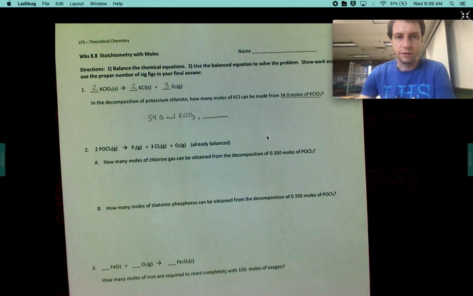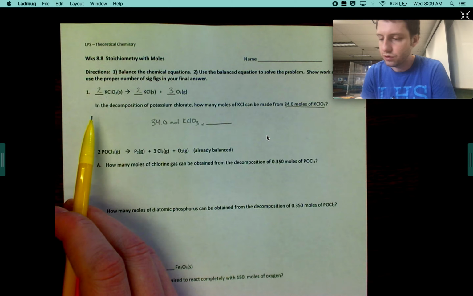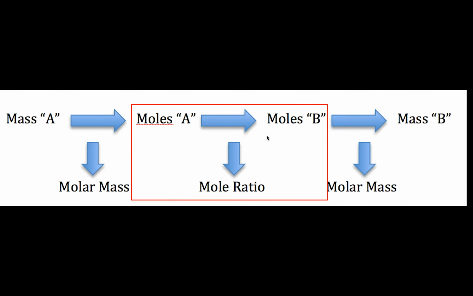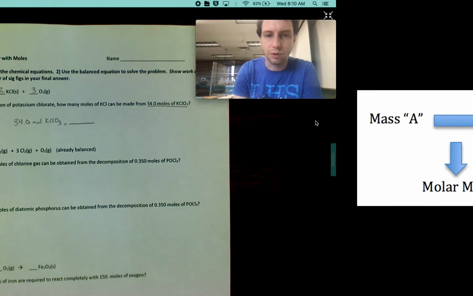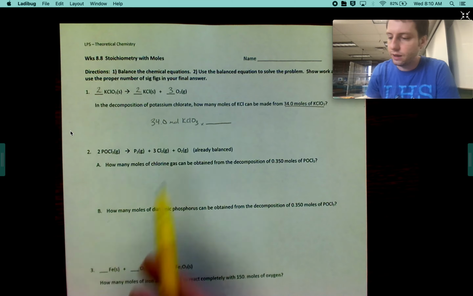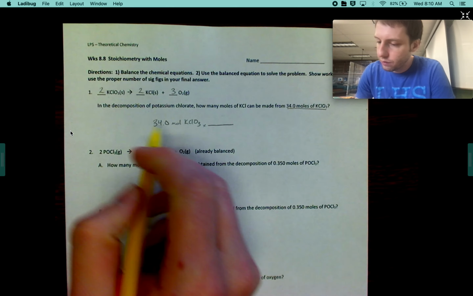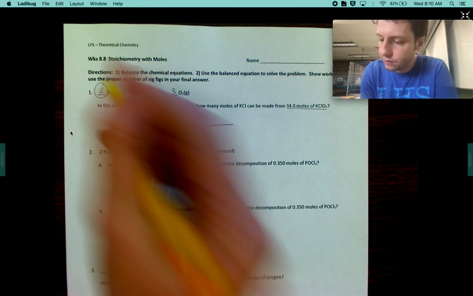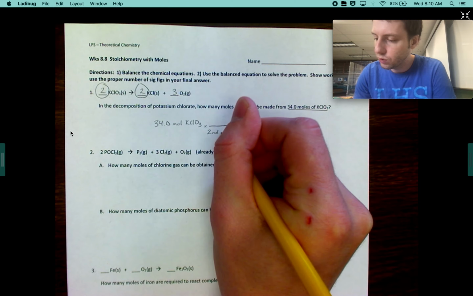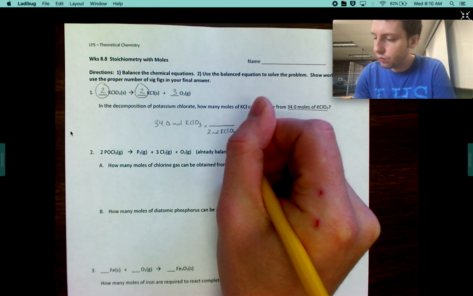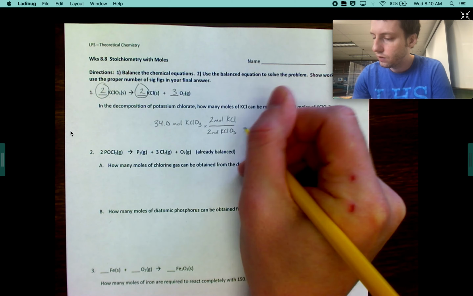All right. My conversion factor is going to be my mole ratio, and that's our new step here. We said that the mole ratio is the conversion factor to get from moles of A to moles of B. The mole ratio is the coefficients on the balanced chemical equation. And so KClO3 to KCl, this is 2 moles. Every 2 moles of KClO3 will react to make 2 moles KCl.